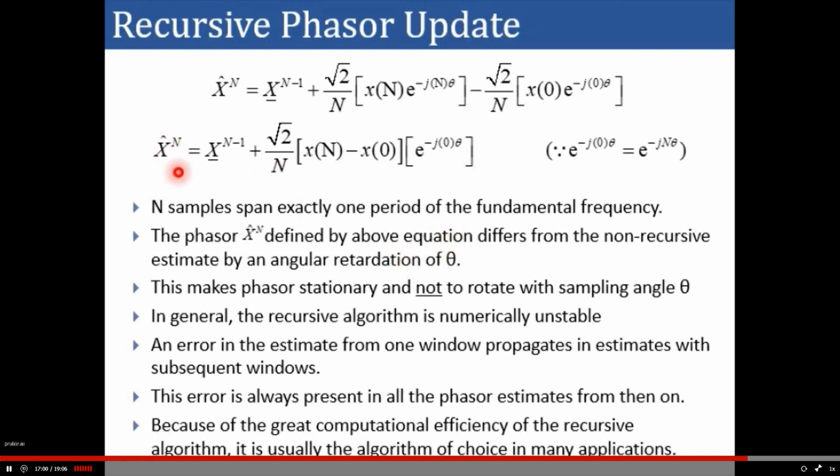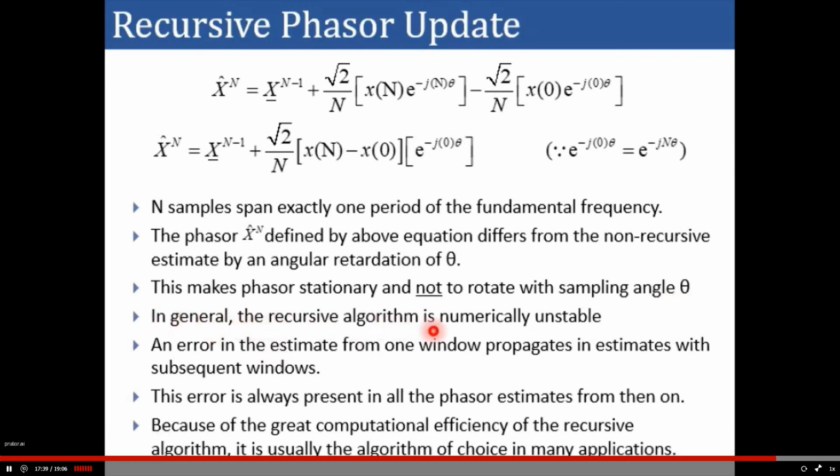So what we get now is x cap n with angular retardation of angle theta. If you add the nth sample and remove the 0th sample in window 2 and use the recursive update, you get the phasor with angular retardation of angle theta, and the advantage of this is that it makes the phasor stationary and not rotating with the sampling angle as we see in the non-recursive case.